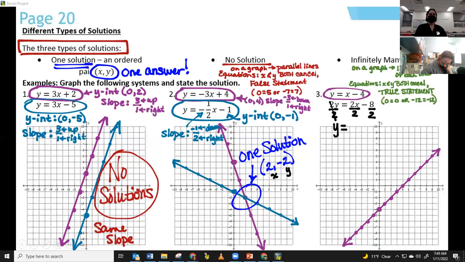y equals 1x minus 4. What's going to happen when I graph that one there?